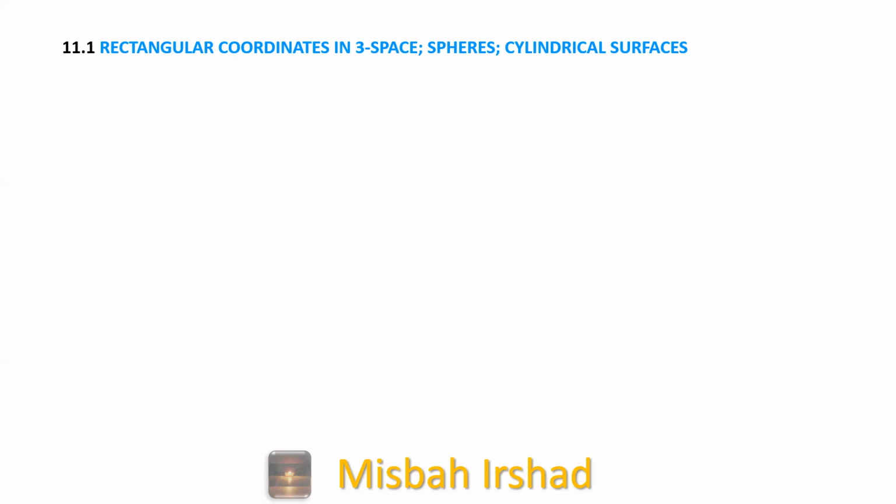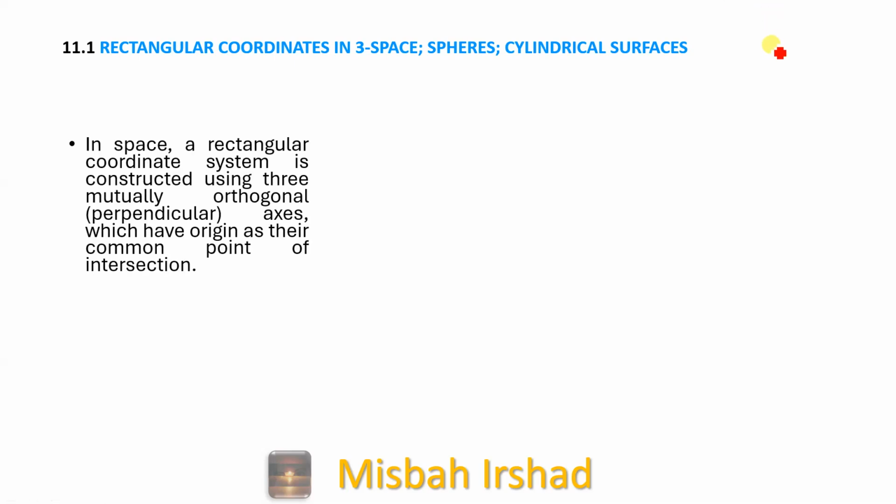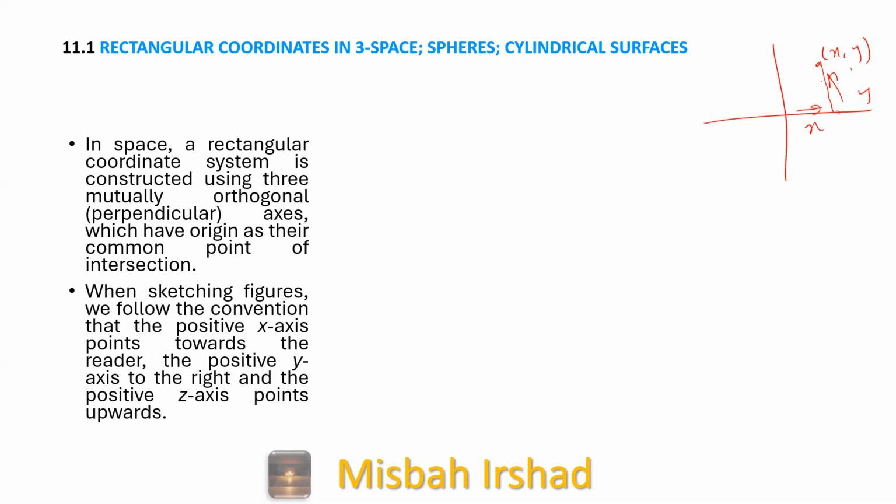So in 2-dimension, every point is represented by an ordered pair x, y, where x is horizontal distance and y is vertical displacement. To describe location in 3-dimensional space, we need a third coordinate.